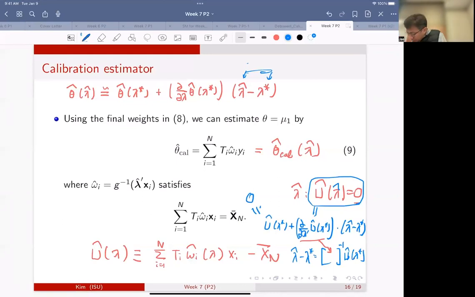Okay, so this is an approximation. And then the idea is you use this one and plug in here.